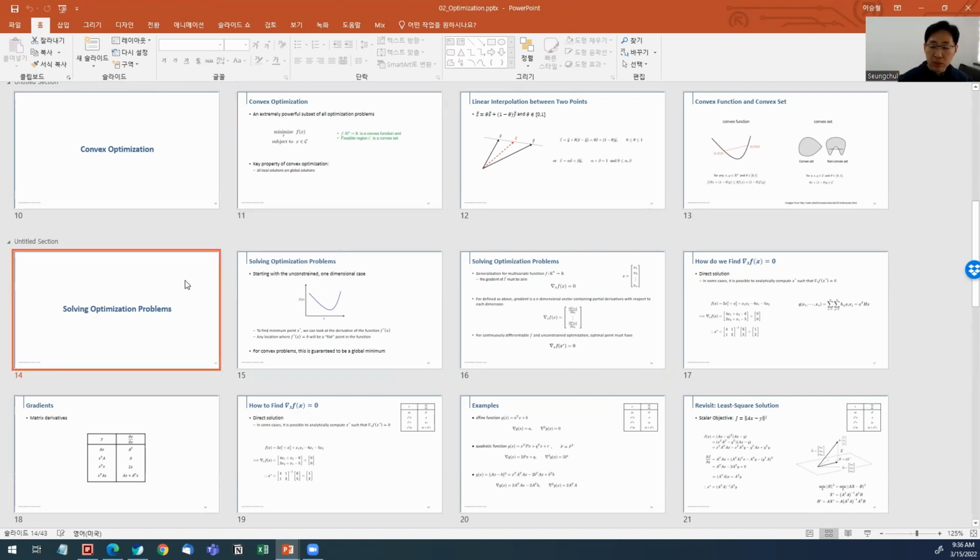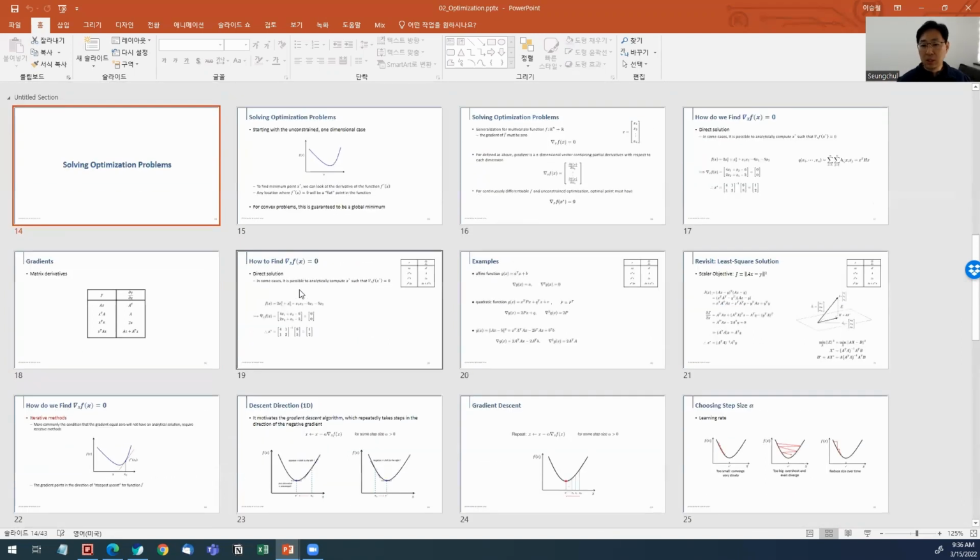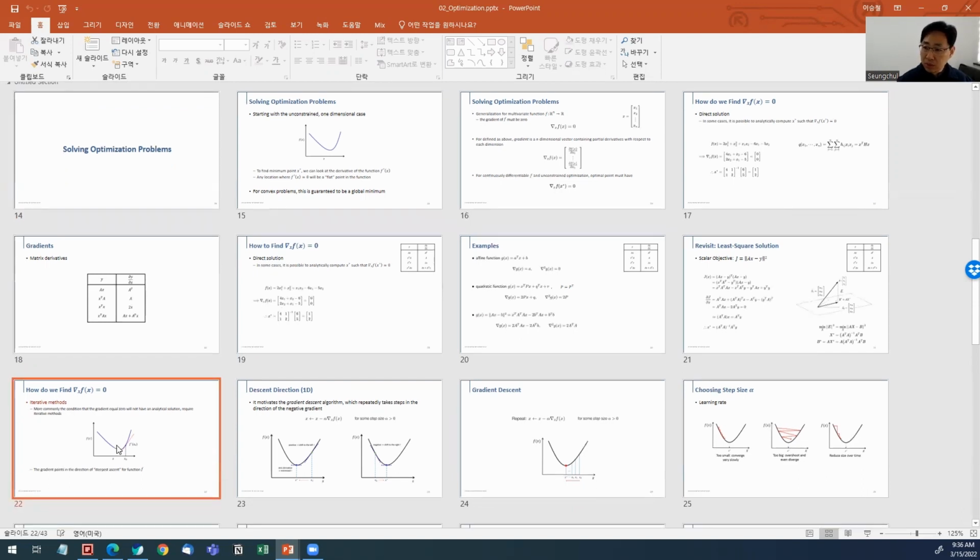Once we're done with the modeling of convex optimizations, the second step I mentioned is how to find the optimal solutions. There are two ways. The first is to take the derivative, or the gradient when you have multivariate optimization problems. The second, which I want to emphasize, is using the computer, which is an iterative method.